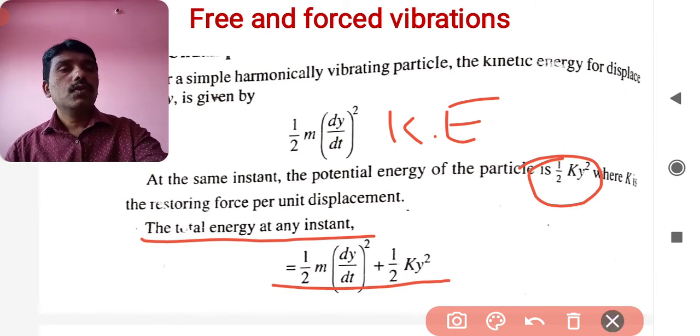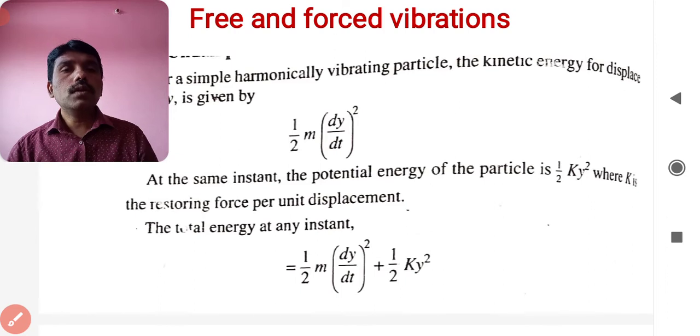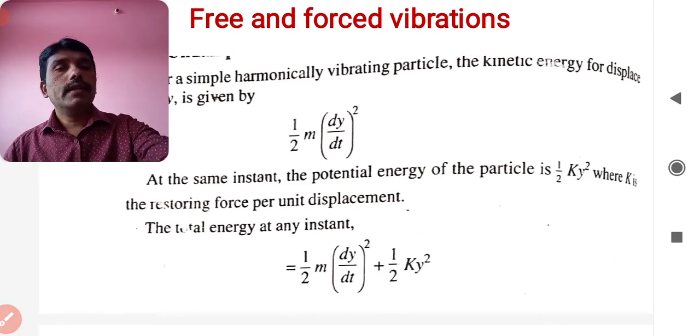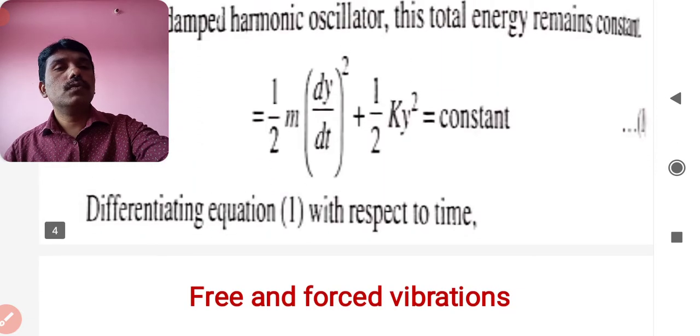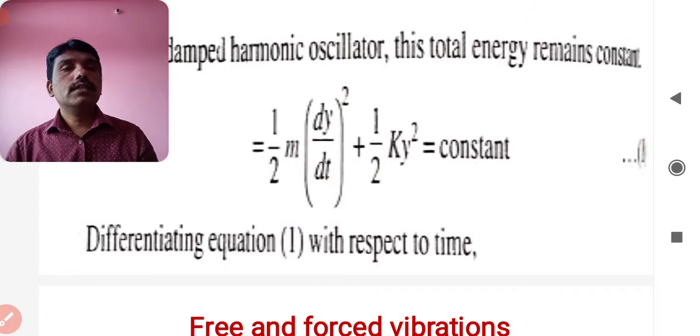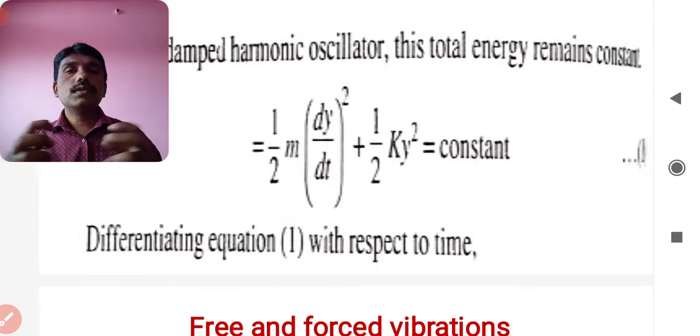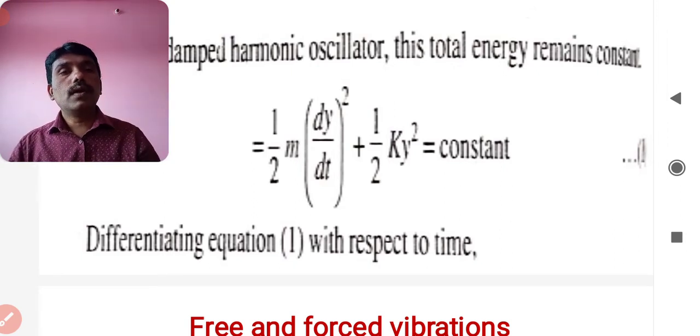So this is the total energy, kinetic energy plus potential energy. Now for the undamped harmonic oscillator, this total energy remains constant. Why? Because there are no frictional forces working, and that's why for simple harmonic motion or the oscillator this total energy remains constant.